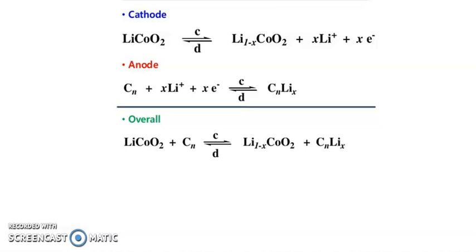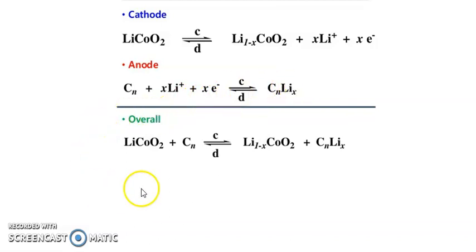In the cathode, the lithium cobalt oxide gets converted to lithium ions with the release of electrons, whereas in the anode, the carbon, a graphite type of allotrope, plus lithium ion combined together along with the electron give rise to lithium carbide.